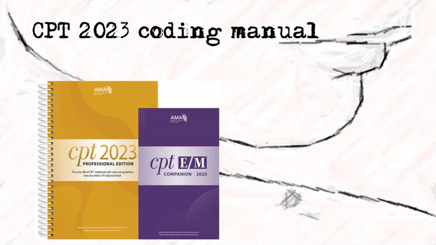If you are learning how to assign CPT codes for procedures, this coding manual is important. Feel free to open your CPT coding manual and follow the steps as we work through the steps in looking for the correct CPT code or codes.